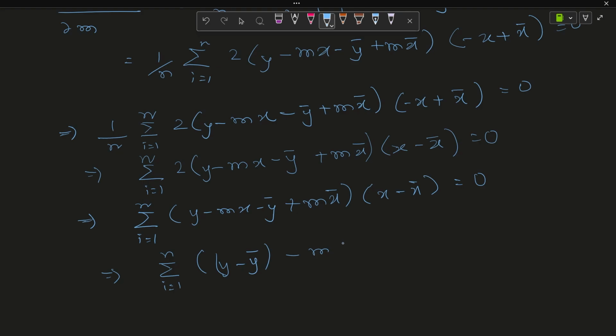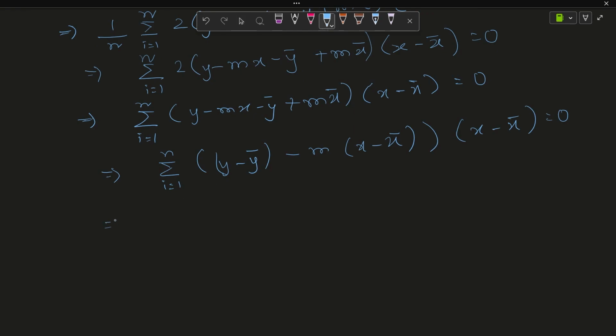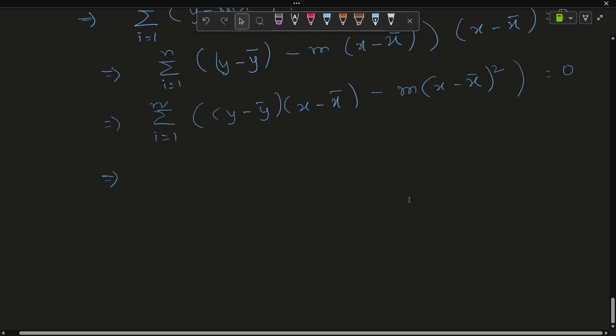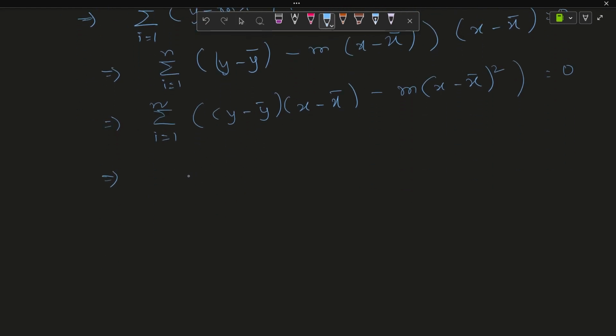We can take minus m also, and we can just multiply things here, x minus x bar, we are multiplying things. So I can simplify things right now.